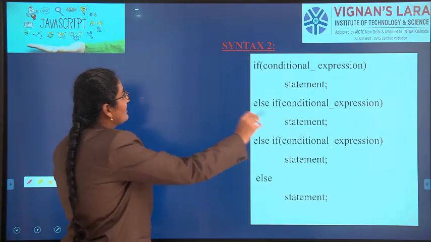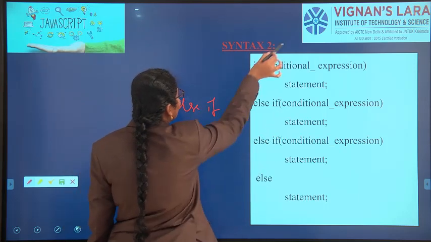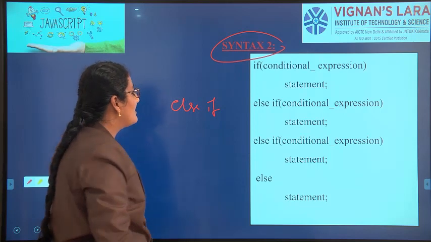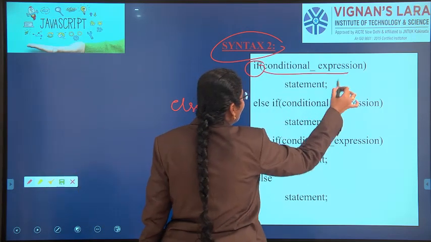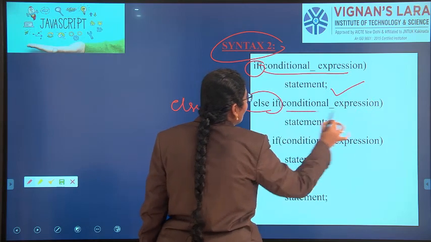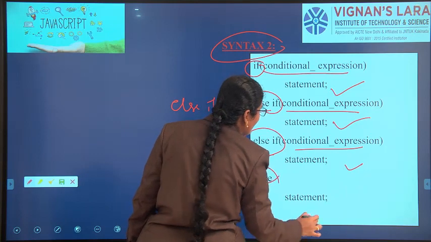So see here, another syntax. For the same else if ladder we have syntax 2. Before, you have seen syntax 1. This is syntax 2 for else if. If some condition, statement. Else if some condition, statement. Else if some condition, statement, else statement.